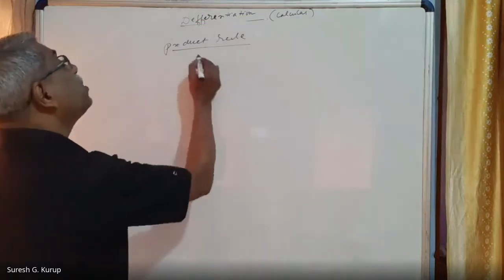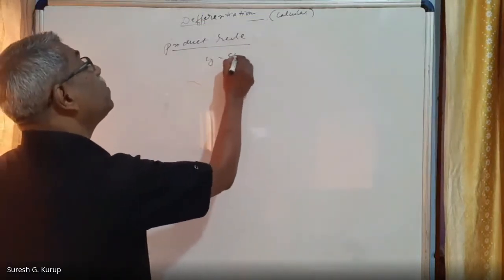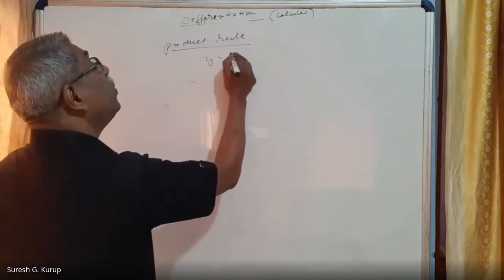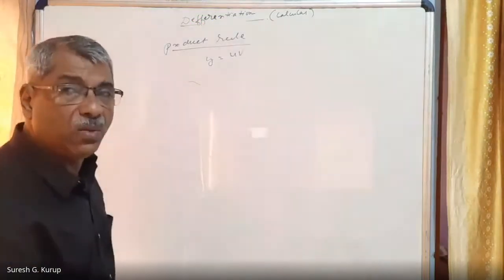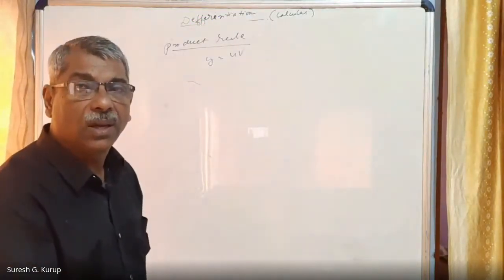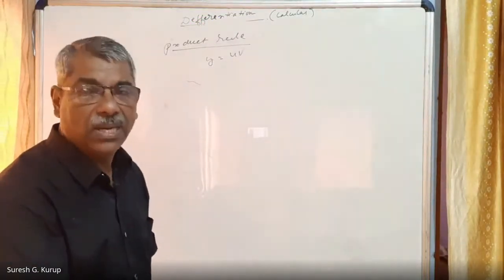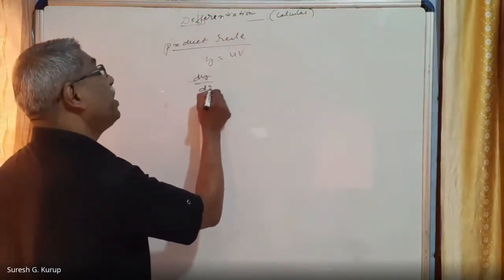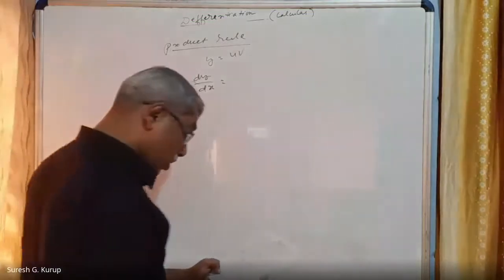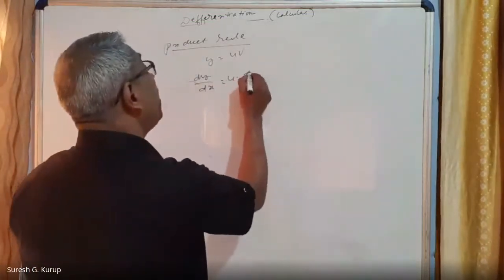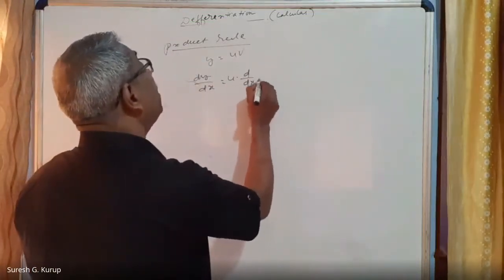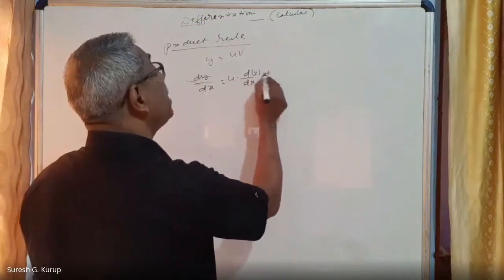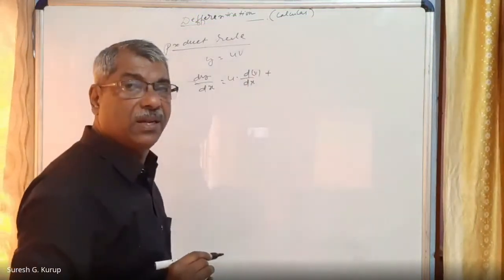Suppose another condition, product rule, y is equal to uv, where u and v both are functions of x. Then dy by dx is equal to the first quantity, that is u, into the differential of the second quantity plus, there must be a plus here, right?